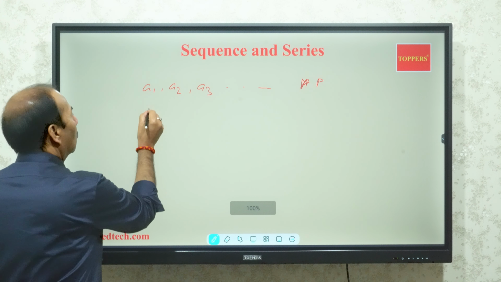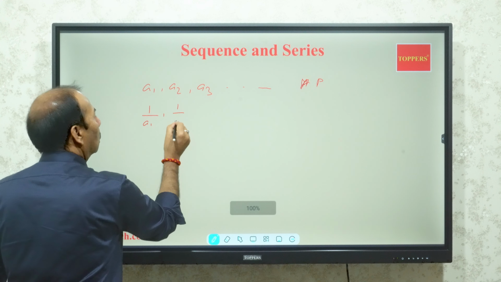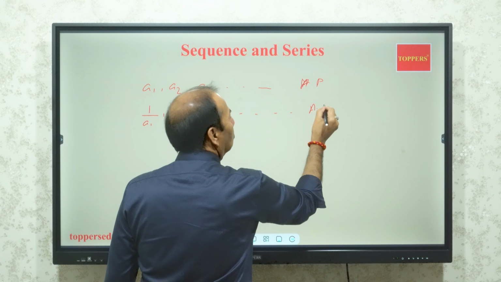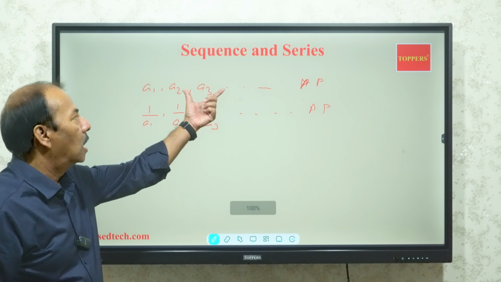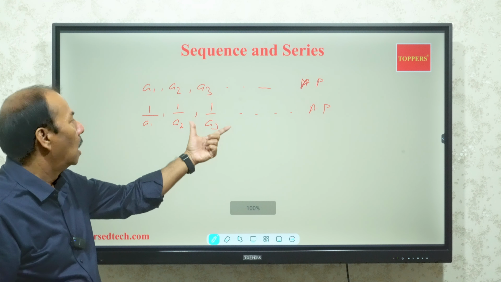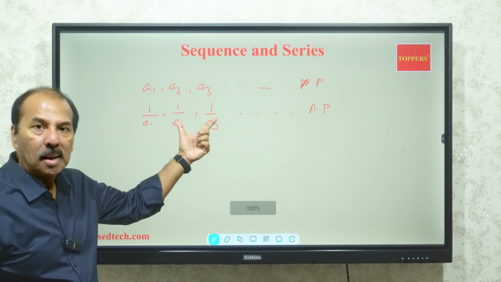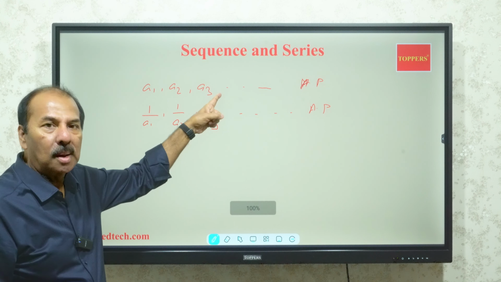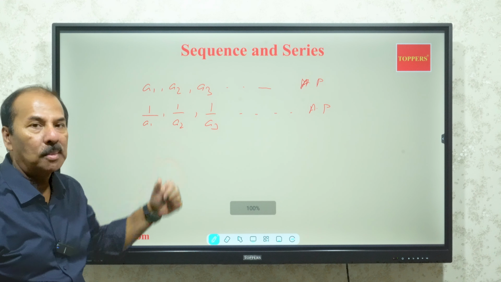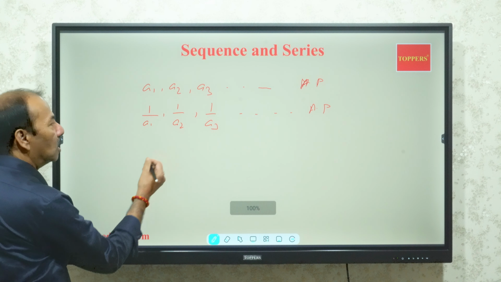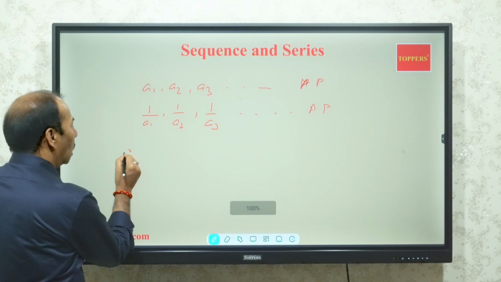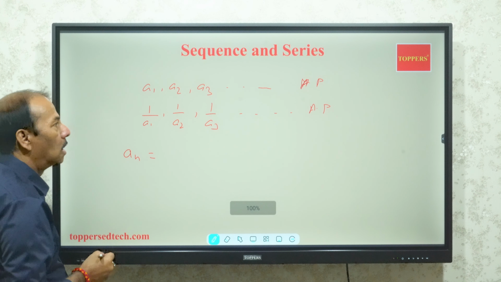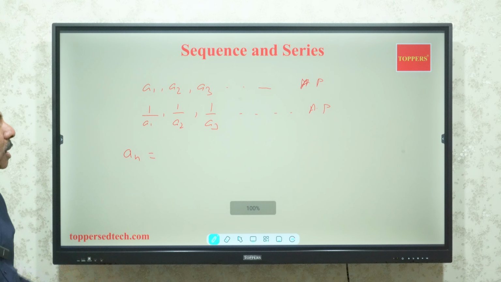It means 1 upon a1, 1 upon a2, 1 upon a3 will be in arithmetic progression. To calculate the nth term of this harmonic progression, we will first calculate the nth term of this arithmetic progression, which we got from the terms of this harmonic progression, just the reciprocal of this. So nth term of this, can we say that nth term of this will be equal to how much?